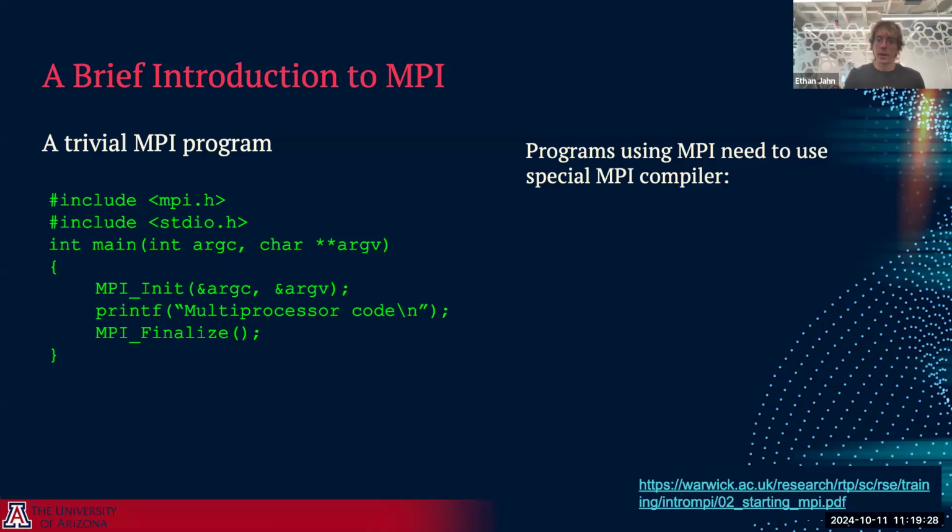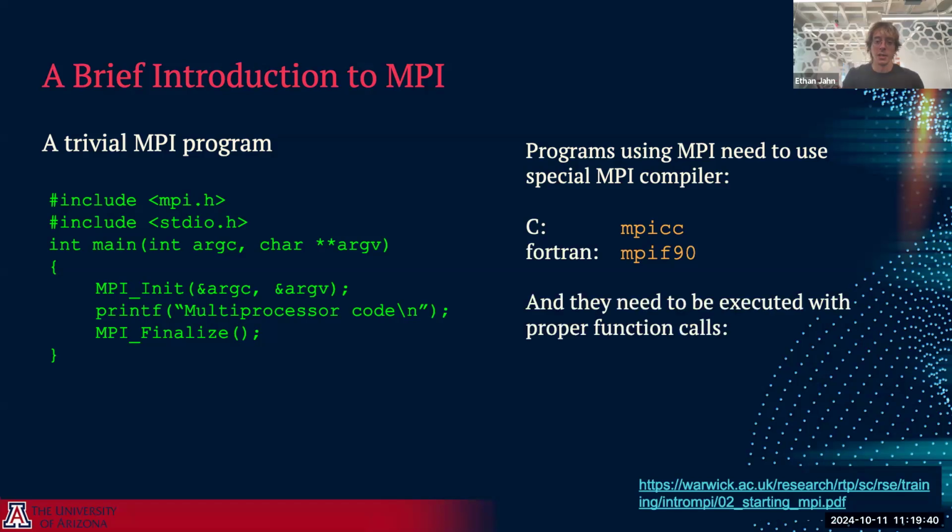This is just to note that many programs using MPI need to also use a special MPI compiler. So if you are writing in C, you would need to use mpicc, or for Fortran, mpif90. And when these programs are compiled with MPI, they need to be executed with the proper function calls.